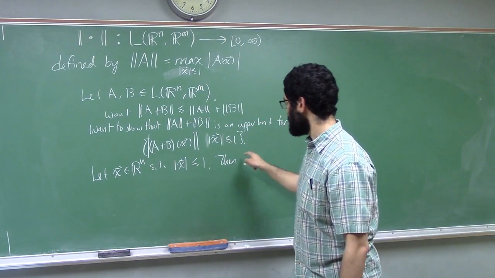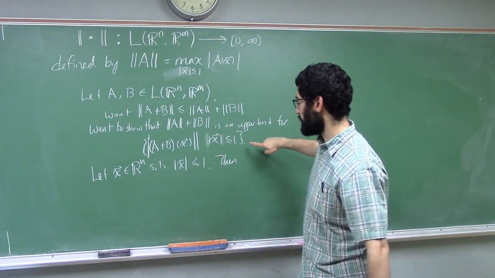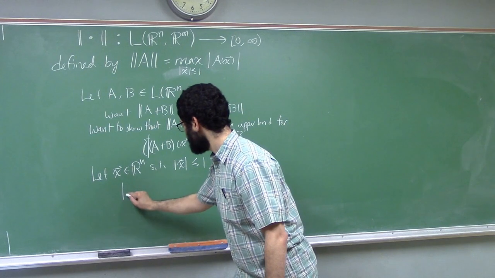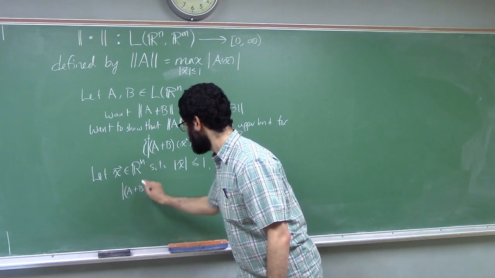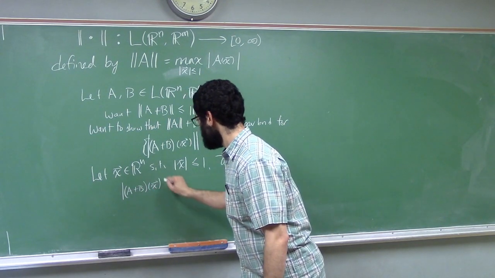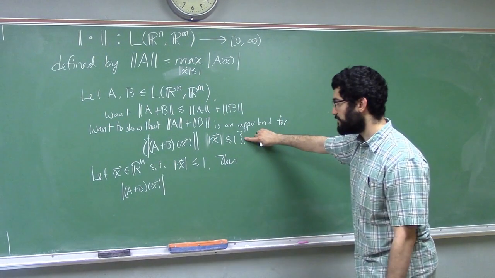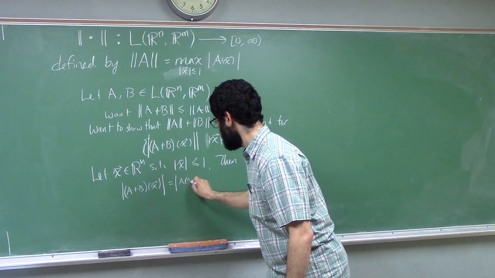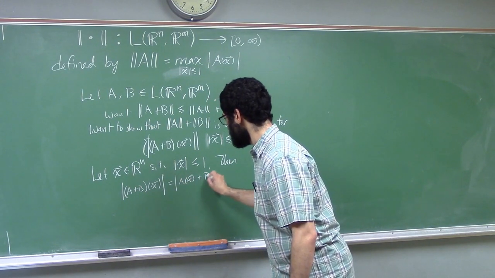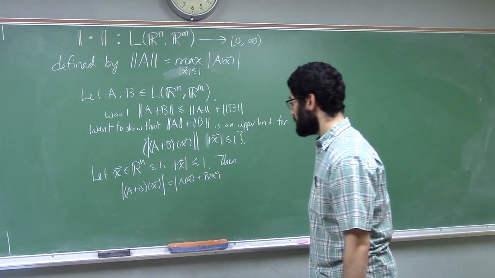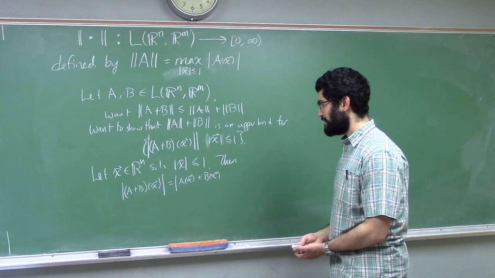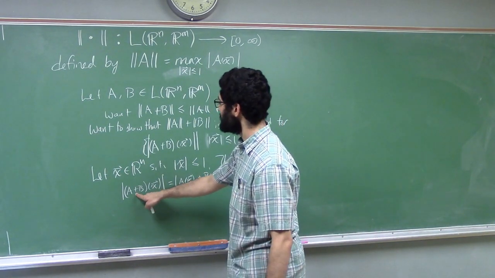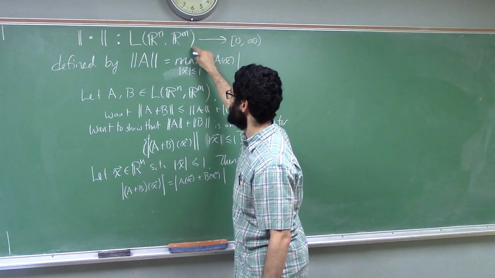So I'm trying to show that this real number is an upper bound for this set of real numbers. This arbitrary element of the set that I'm trying to bound above is, first of all, this, by the definition of the pointwise addition. That's how the vector space structure on this set is defined.